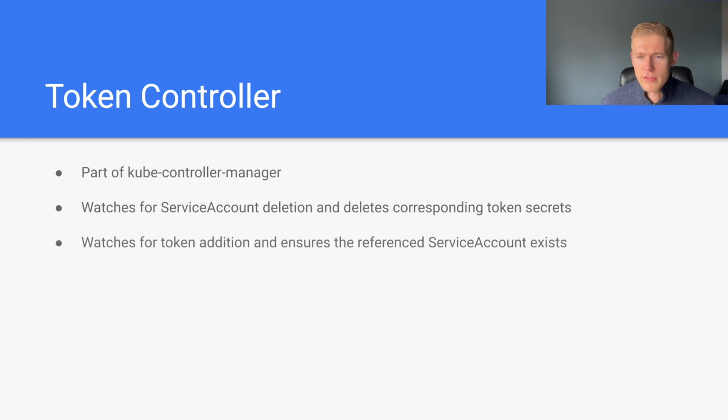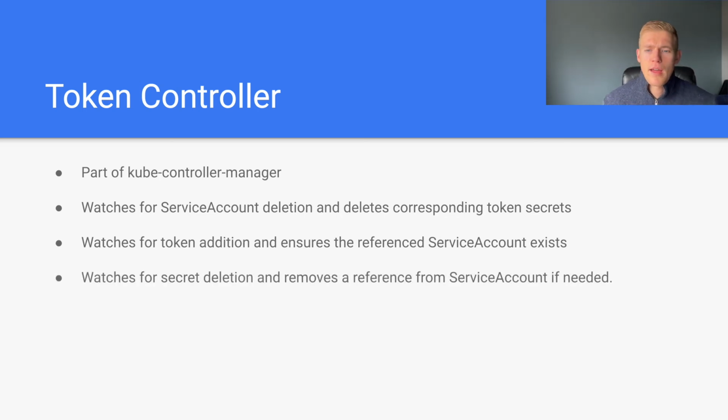It also watches for token addition and ensures the referenced service account exists. And it watches for secret deletion and removes a reference from the service account if needed. So if a service account references a secret and that secret is deleted, we need to remove the reference.